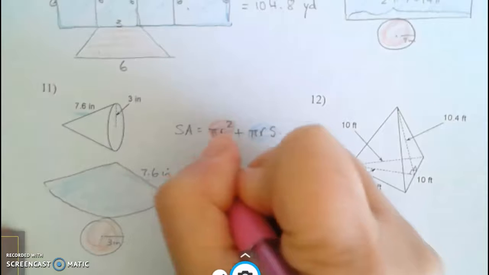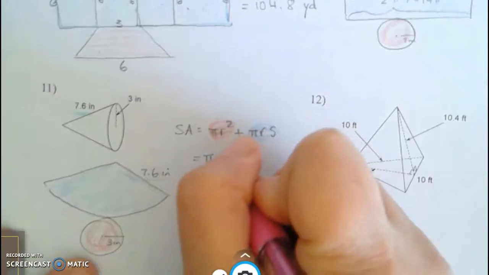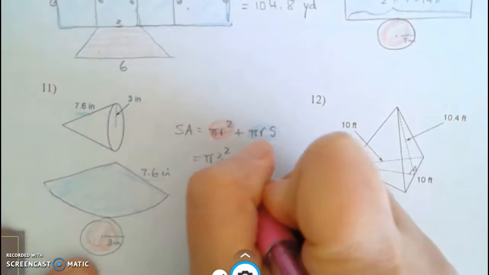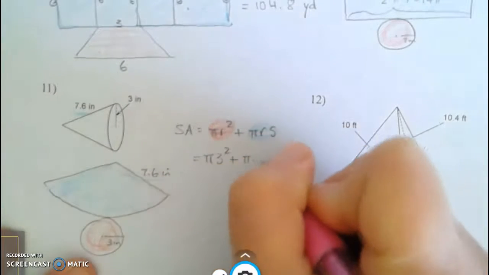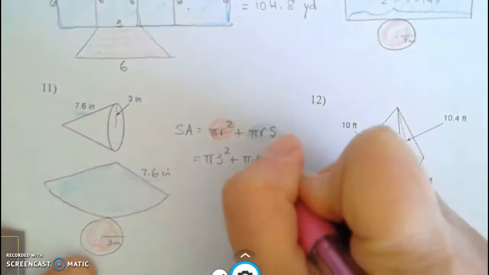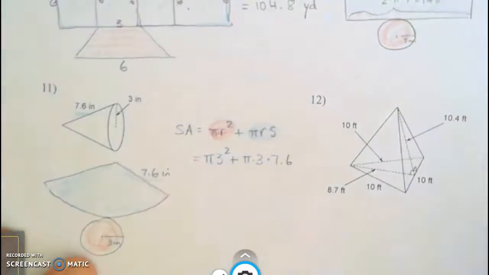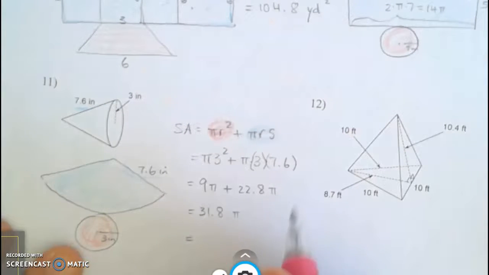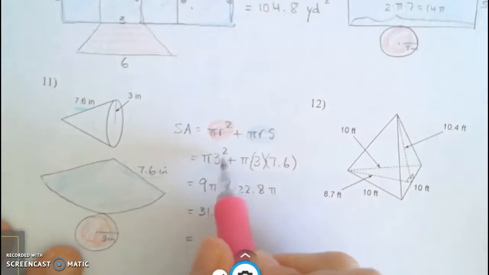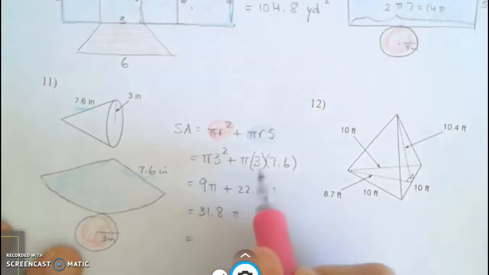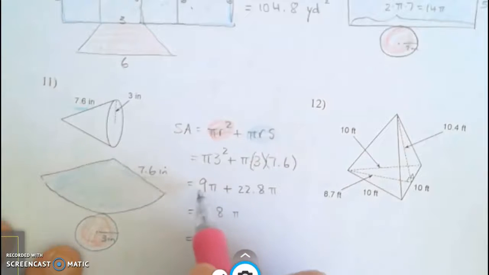So that's just going to be pi times radius 3, so 3 squared, plus pi times r, which is 3 again, multiplied by the slant height, which is 7.6. Then I know that 3 squared is 9, so this is 9 pi, plus 3 times 7.6 is going to be 22.8 pi. So I add 22.8 and 9 together, I get 31.8 pi.